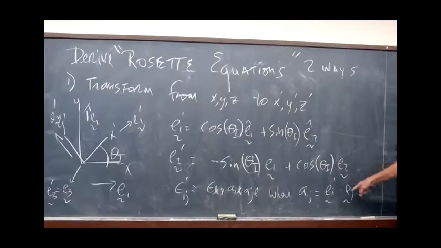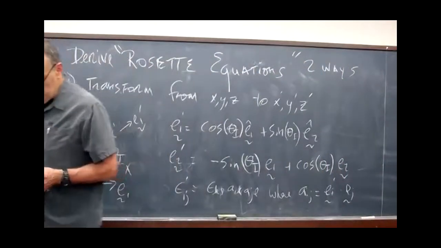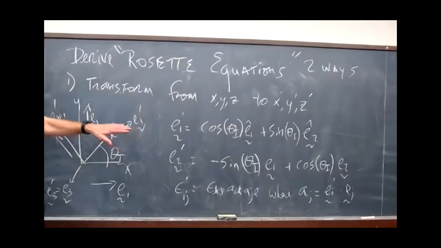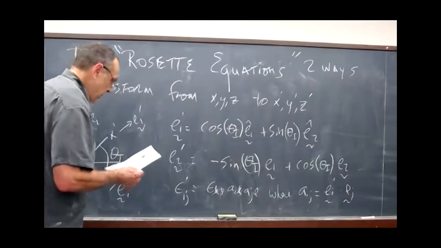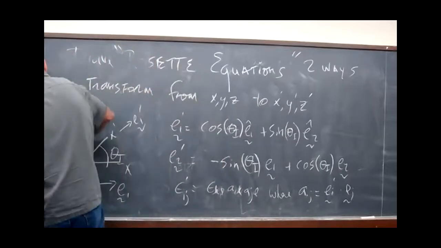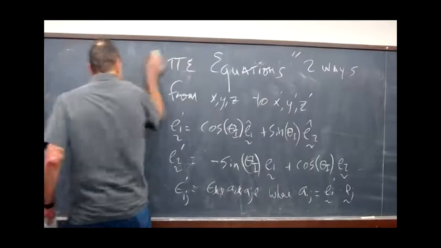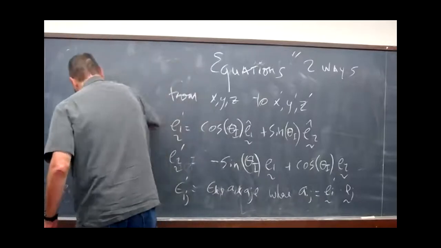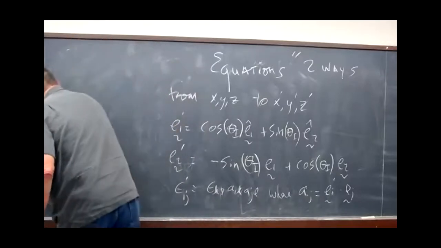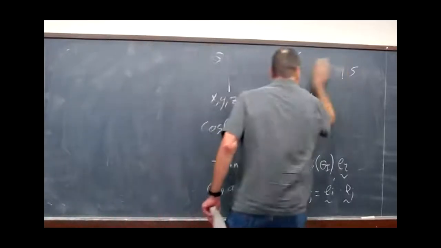Remember also, be very careful, and Darren said this before, but make sure that you know how people are defining that transformation matrix, because that's tripped up more than one mechanician over the years. Some people define it the other way around, and then your transformation equations are the transpose of what you did.